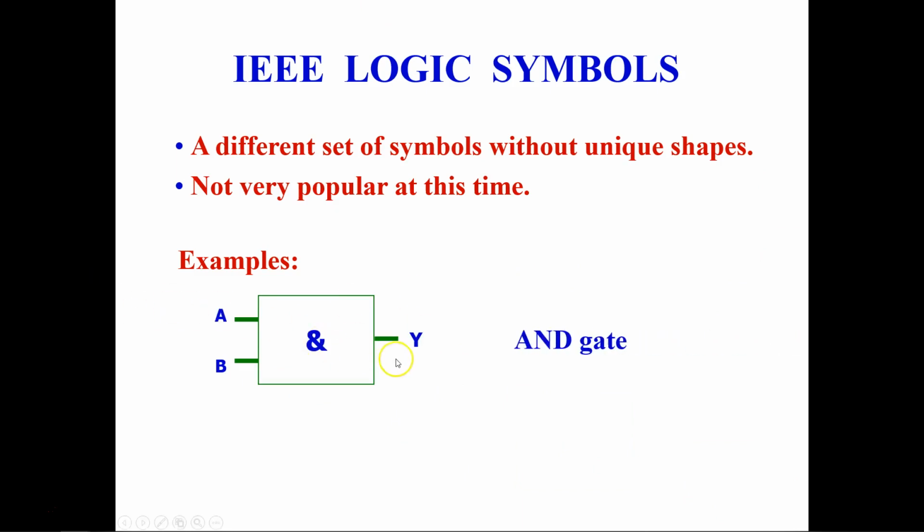So here you can see the symbol for the AND gate according to the IEEE. You should be familiar with this type of symbol, but we are going to follow the convention which I have told you in the previous slides, that is normally followed. But it's good to know that IEEE follows this symbol.